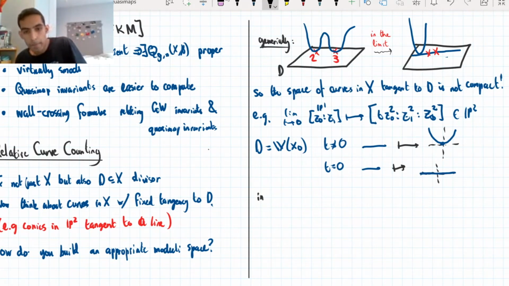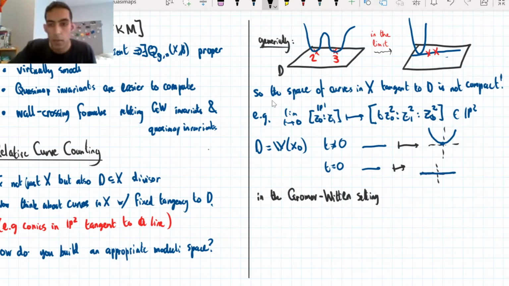So in the Gromov-Witten setting, when you think of parameterized curves, there've been loads of different iterations of solutions to this problem.